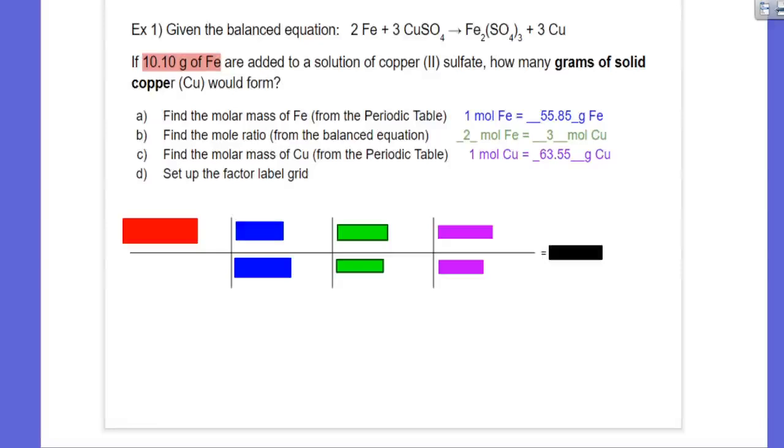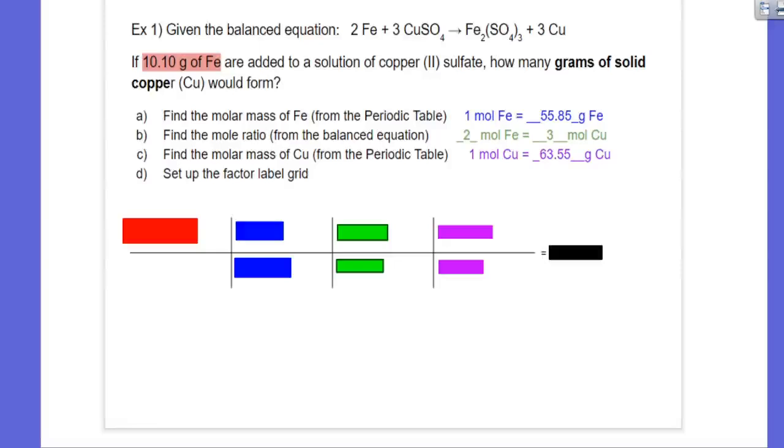So the first thing we're asked is to find the molar mass of Fe. So if I look up on my periodic table, Fe is iron. It's a very common metal. It's very stable. It's in the middle of the transition metals. If I look at its atomic mass, its molar mass is 55.85 grams. And remember, that is equal to 1 mole of iron.